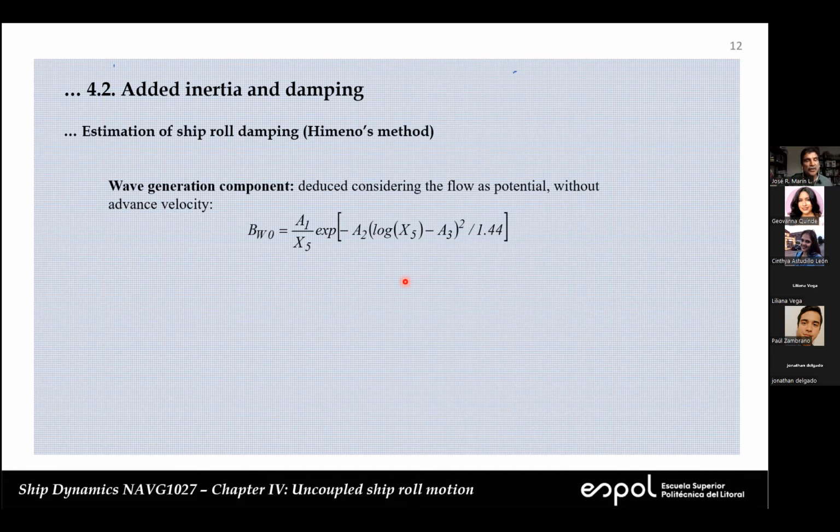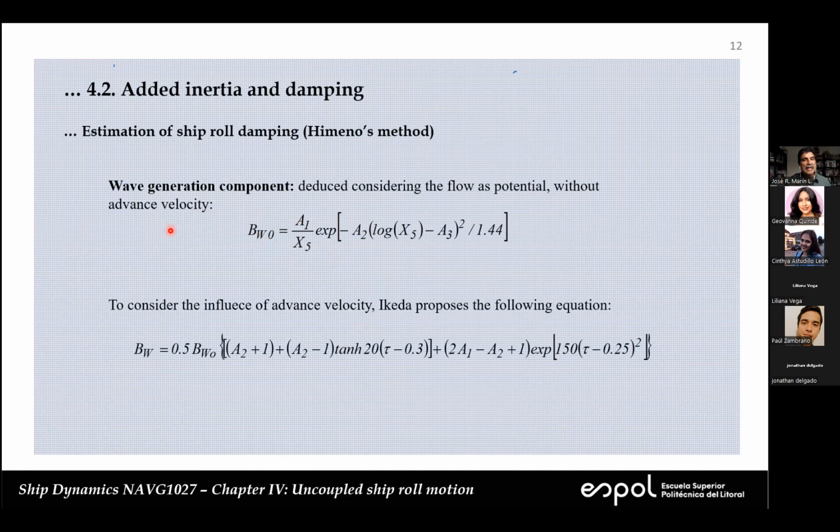In this case, you can recognize the W because of the waves, and the 0 here means no velocity. To consider the advanced velocity, they included a formulation from Ikeda. You see this name? They did some tests without velocity, then they did tests with velocity, and first they decomposed.